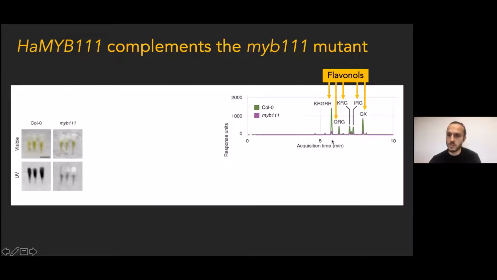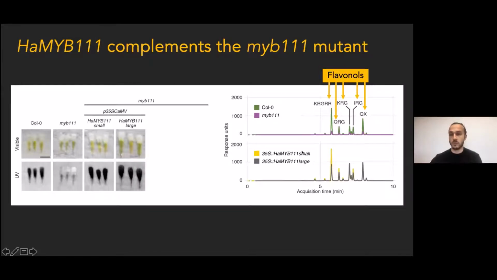In the mutant, the accumulation of these compounds is strongly reduced. Then we took the sunflower MYB111, put it into Arabidopsis, and found that it can complement the mutant. So you have again petals that absorb very strongly in the UV, and you have again accumulation of these flavonols.